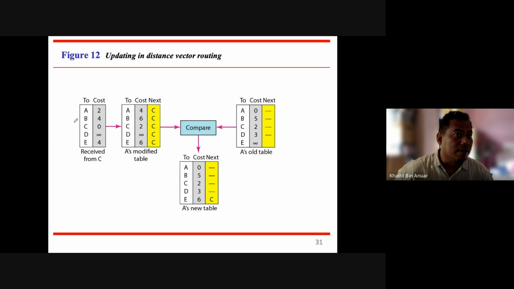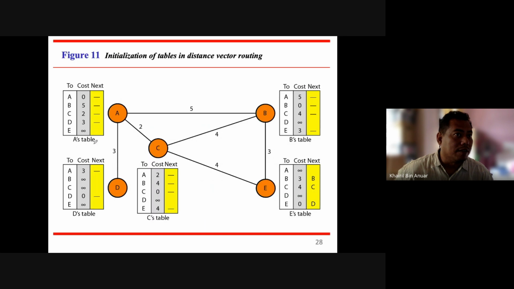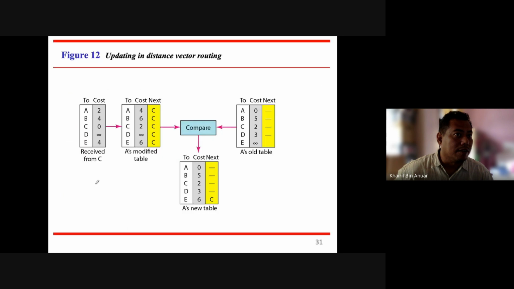For instance here, you are at A and you receive from C. You get information from C, and A will modify the table, where it needs to include that the next hop is C. Then this is the old A table, and it will compare the costs.